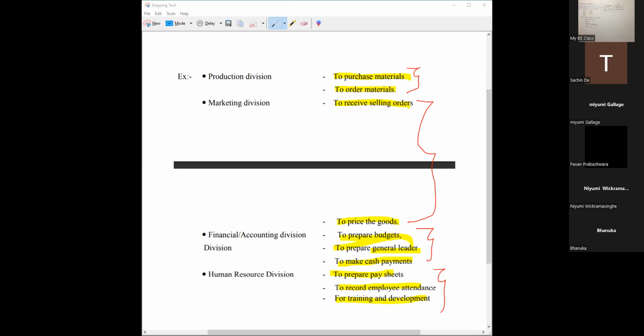Yes, so that will be a transaction processing system. Okay, so we'll be able to complete the table provided.